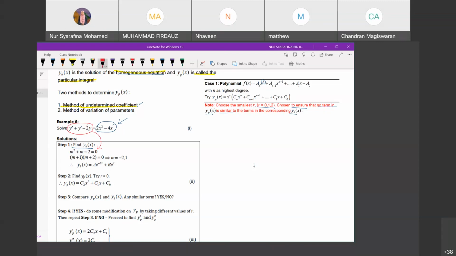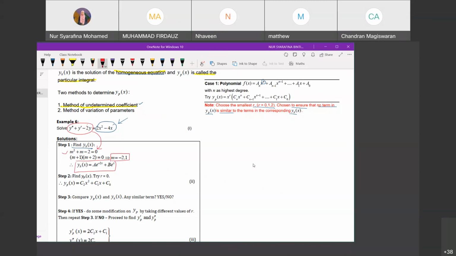Changing to the characteristic equation and solving this quadratic, you get m equals -2 and 1, which is real and distinct. So this is the solution of yh, the homogeneous part.